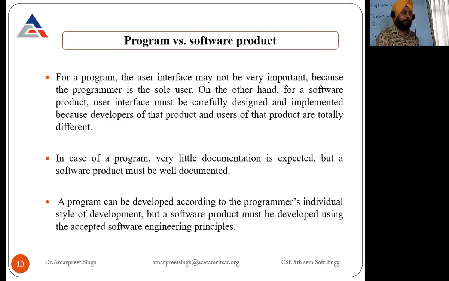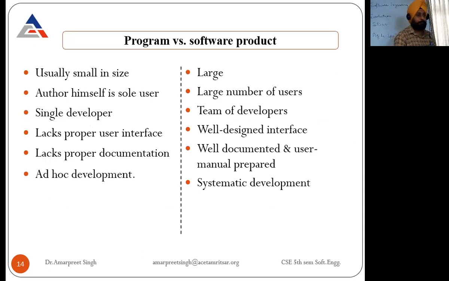So this is the basic difference, and I will also show you this difference in a tabular manner in the next slide. So what is the difference? The program usually is small in size, but the product is large in size.